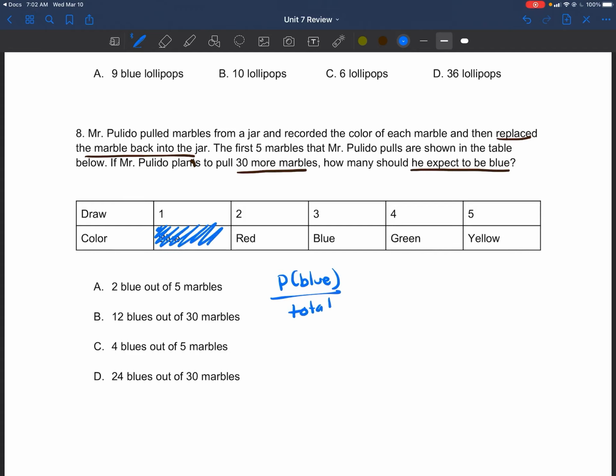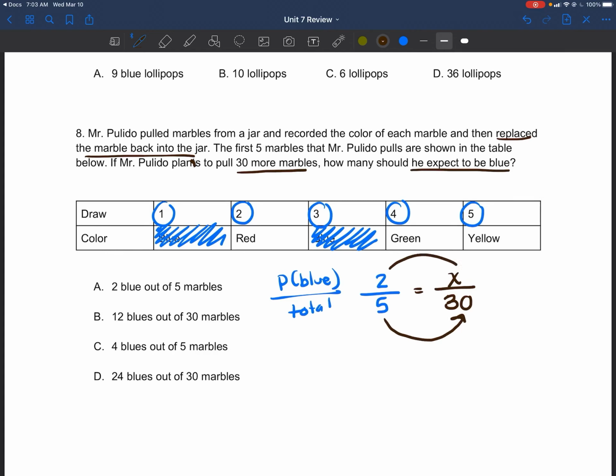We have 1 and 2. We have 2 out of how many? 1, 2, 3, 4, 5. 2 out of 5. Because that's how many marbles he has gotten so far. He's only gotten 5. But he's going to do it 30 more times in total. So out of those 30 times, how many should he expect to be blue? And you use the scale factor to help you with that.